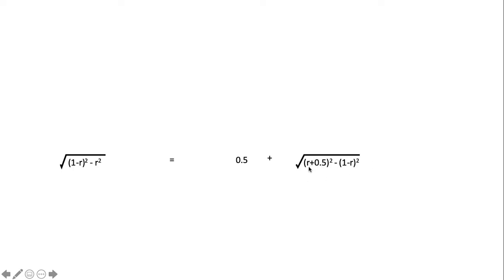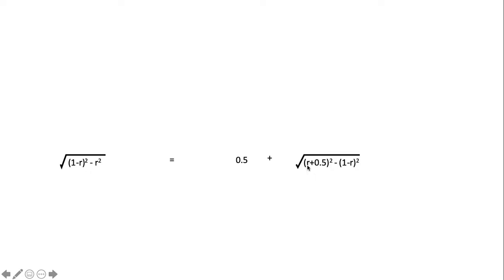So r plus 0.5 all squared gives you r squared, and then remember that r plus 0.5 all squared means r plus 0.5 times another r plus 0.5. So we get an r from the first bracket times an r from the second bracket gives you r squared.